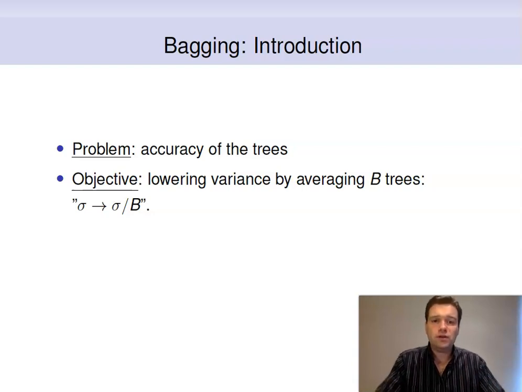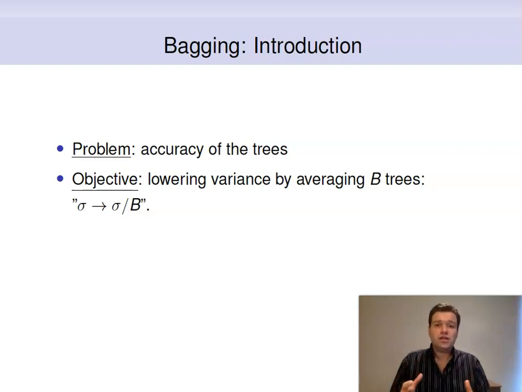And what would be the consequence of averaging these values? It's very simple. Intuitively, it's clear. We would be in that way able to reduce the variance of the prediction.